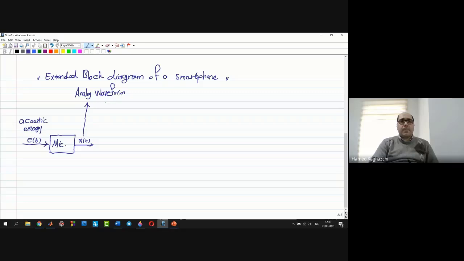But we said that our systems are digital systems. For this reason, we need to convert the output signal of the microphone to digital. For this reason, we need another block like an ADC.